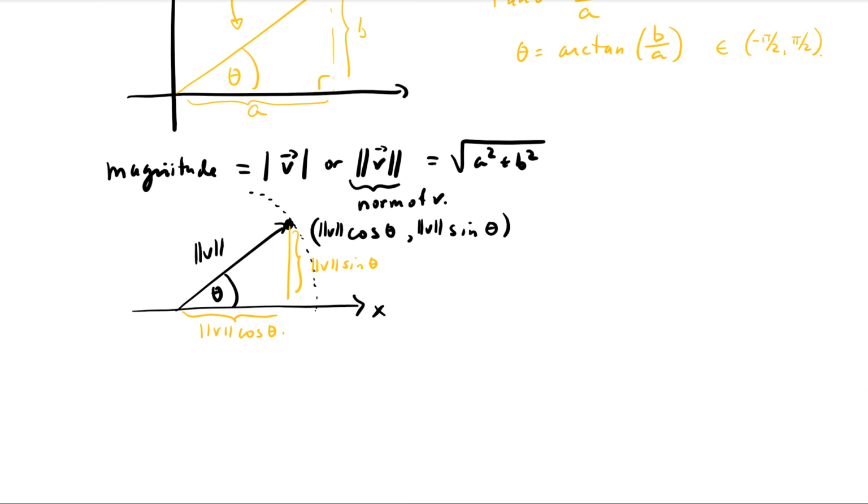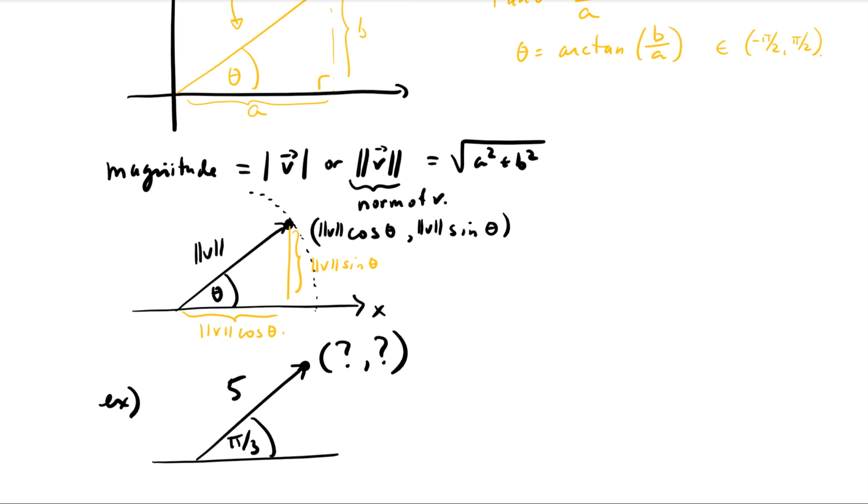So we'll look at some examples. Imagine a vector making an angle of pi over 3 with a magnitude of 5. What would be the coordinates? Let's call this vector v.